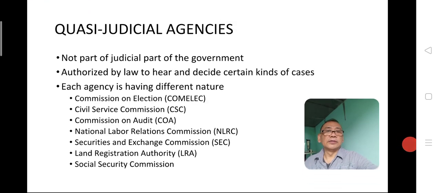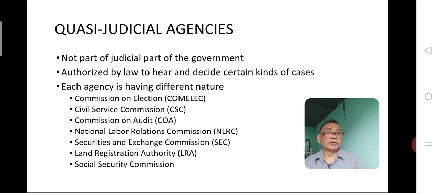Now, quasi-judicial agencies. Sa pag sinabing quasi, they are exercising judicial activity, no? But they are separated, not part of the judicial branch of the government. Hindi siya under ng, although kailangan under siya ng Supreme Court, pero meron siyang tinatawag na independence.